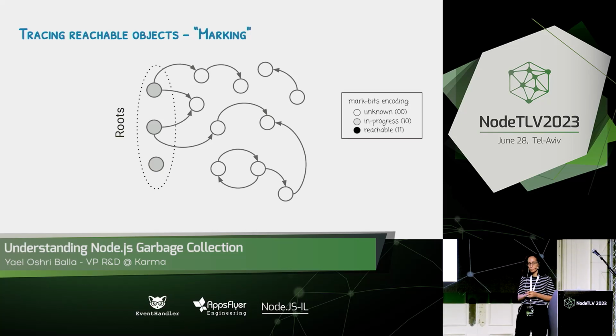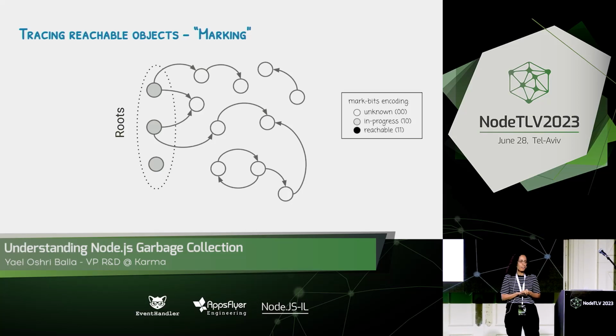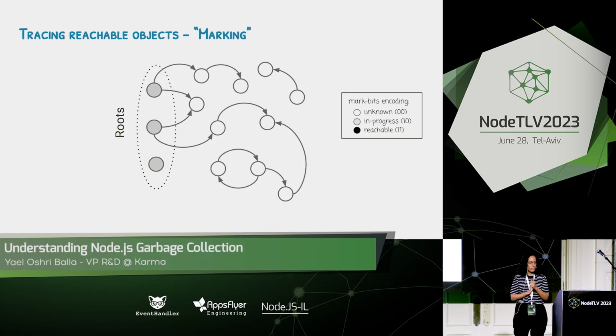V8 uses an algorithm called tri-color marking, and it is using three colors to mark the objects. It is done by attaching 2 mark bits to each object for coloring it: white, gray, and black. And we also need a marking work list in order to track what we visited and what we haven't. So at first we scan the roots and we add them to the work list.